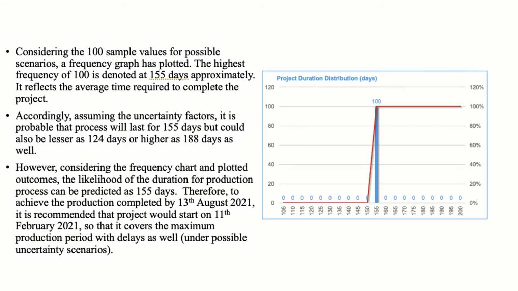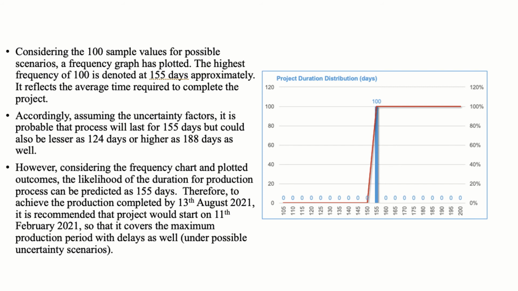We cannot say for certain what is going to happen in the future. If things go well, it can be completed in 155 days, if you take the average, but it can also be completed in 125 days in certain scenarios, and sometimes it can take 188 days. However, considering the frequency chart and plotted outcomes, the likely duration of the production process can be predicted as 155 days.